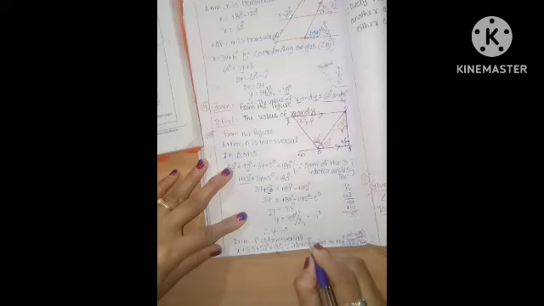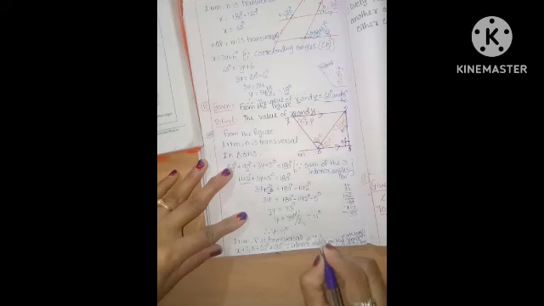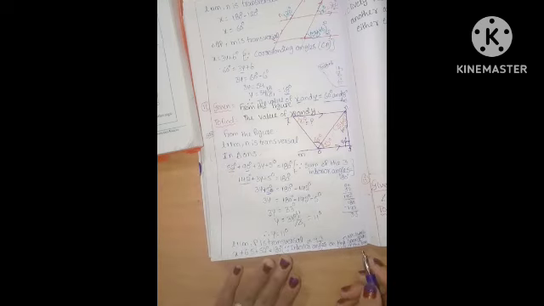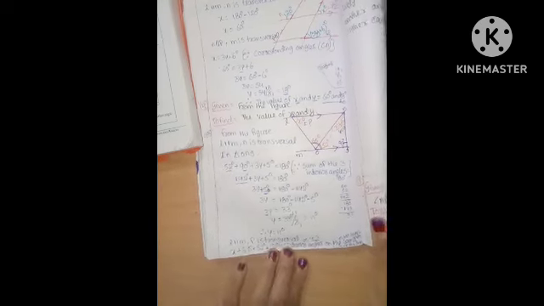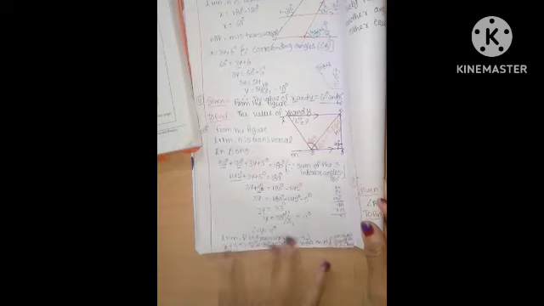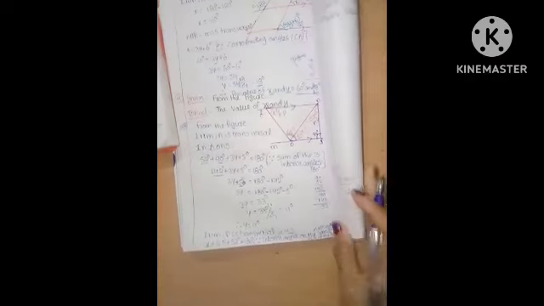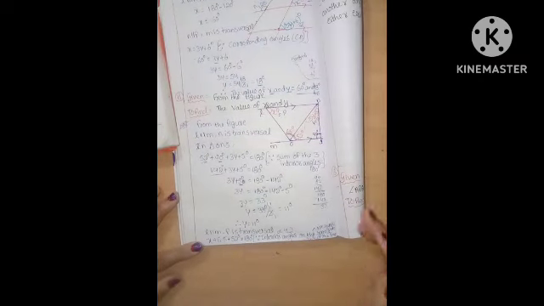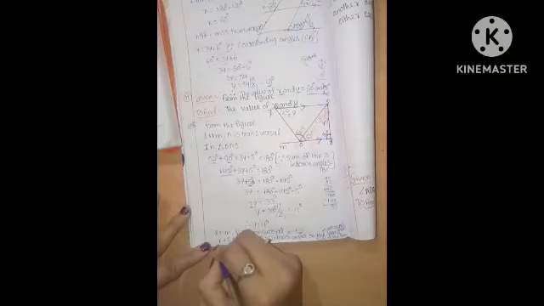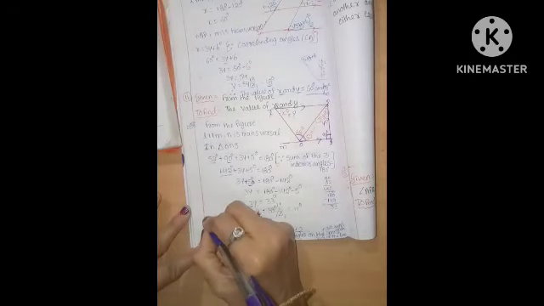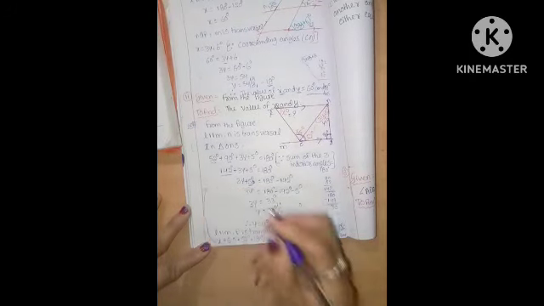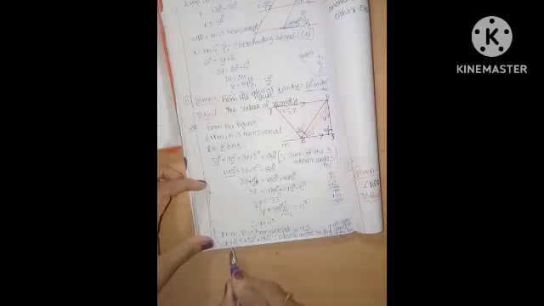Or simply write it by using the 4.3 theorem. Otherwise, interior angles on the same side of the transversal are supplementary. Supplementary means 180 degrees. Okay, there is no space, so I will continue on this side.